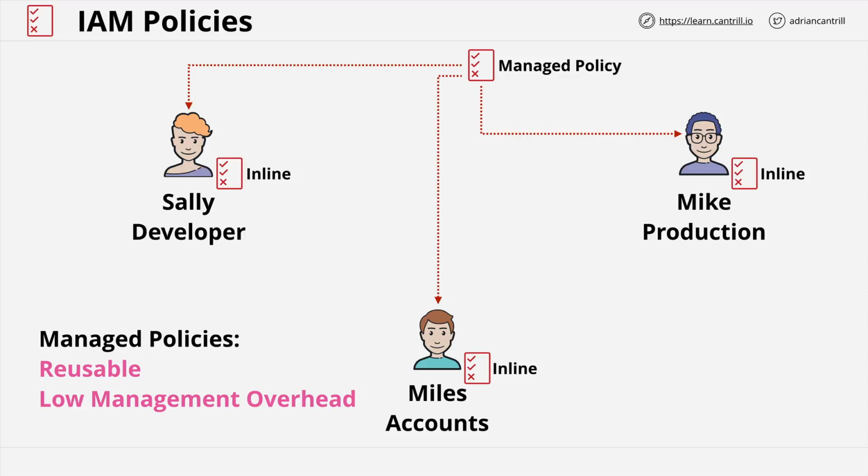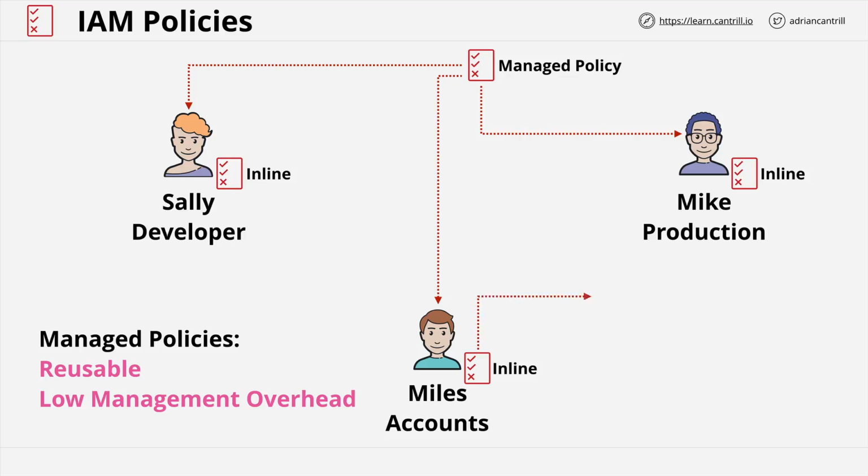So if you've got a set of common access rights that you want to give to lots of people, then you should use managed policies. Now, secondly, managed policies are low management overhead. So if you do need to change the JSON in a managed policy, then it immediately impacts all of the identities it's attached to. So the question is, when would you use an inline policy?